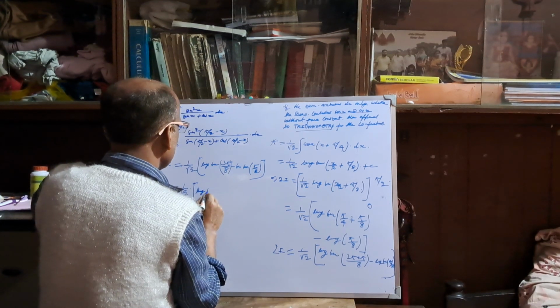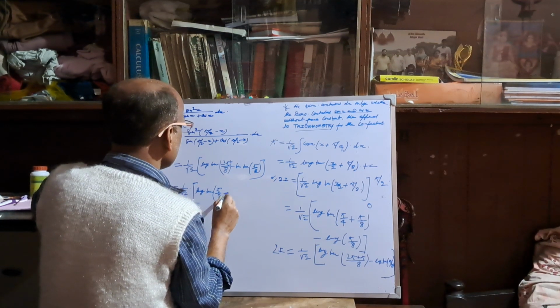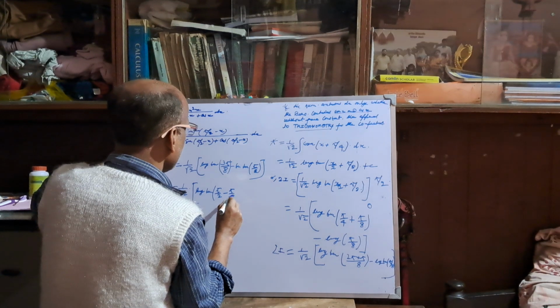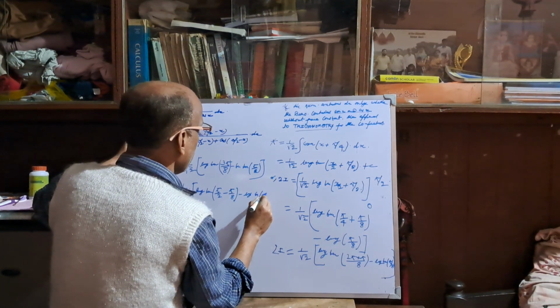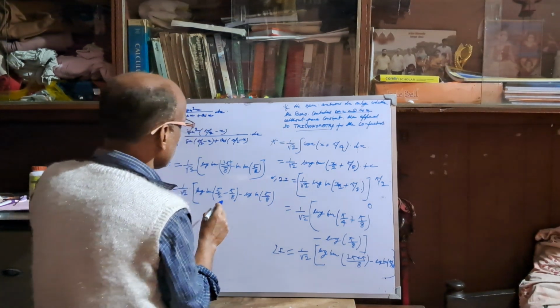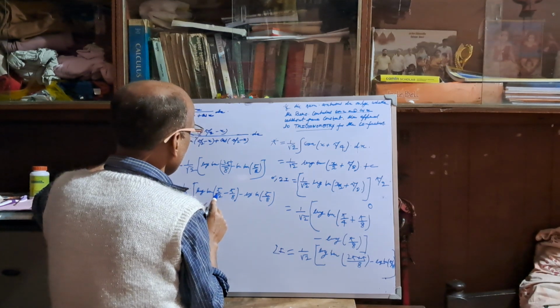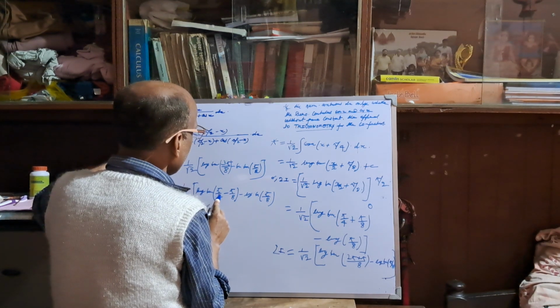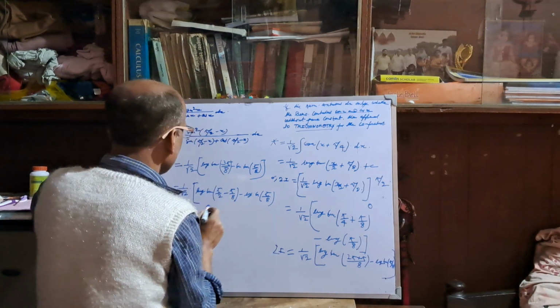tan of (pi by 2 minus pi by 8), and minus log tan pi by 8 here. As we subtract here, 8 is the LCM, then 4 pi minus pi, that is 3 pi by 8.